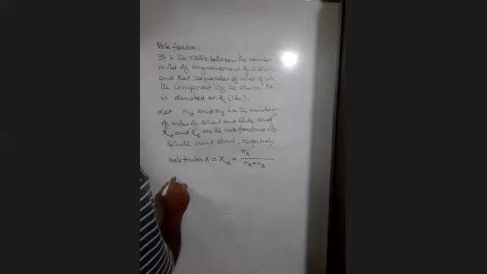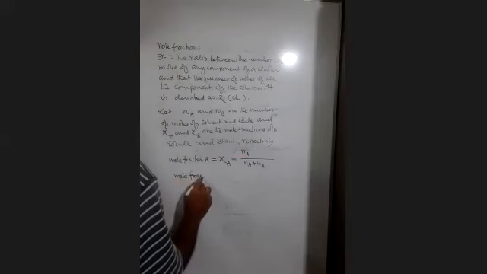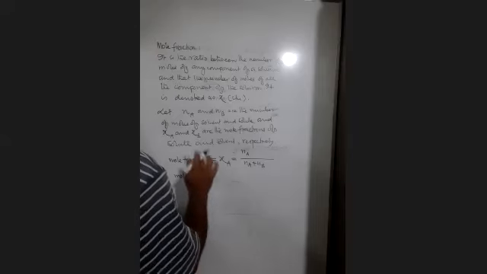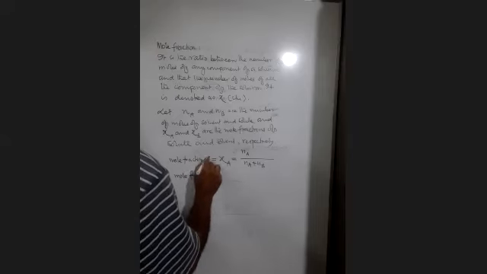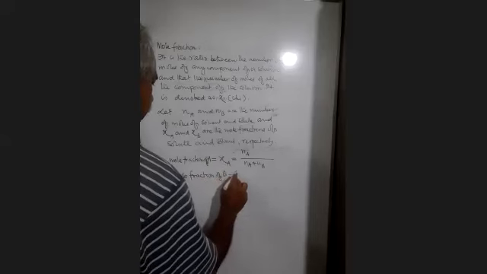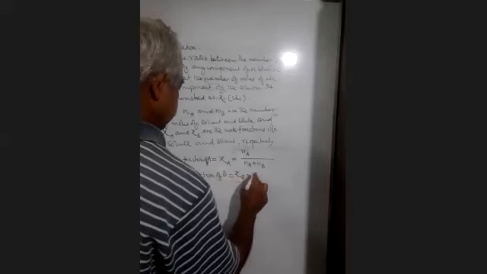And mole fraction of B is NB divided by NA plus NB. Now, dear, how will you find NA and NB?